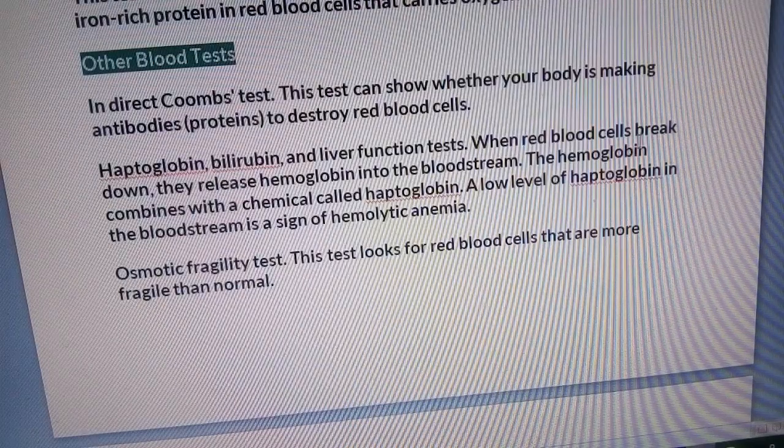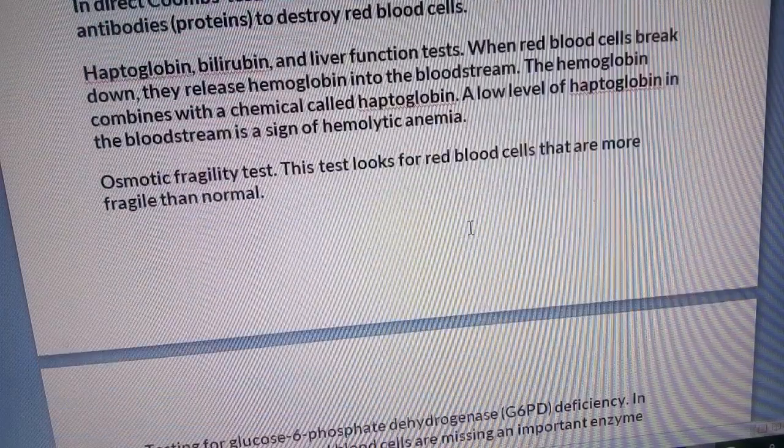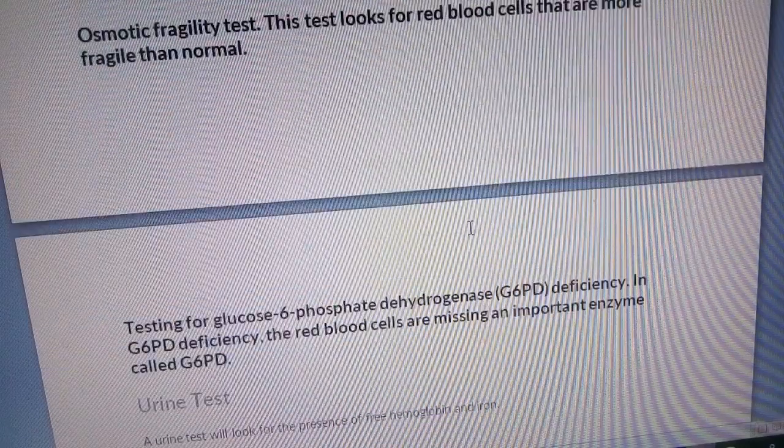When red blood cells break down, they release hemoglobin into the bloodstream. The hemoglobin combines with a chemical called haptoglobin. A low level of haptoglobin in the bloodstream is a sign of hemolytic anemia. Osmotic fragility test. The test looks for red blood cells that are more fragile than normal.